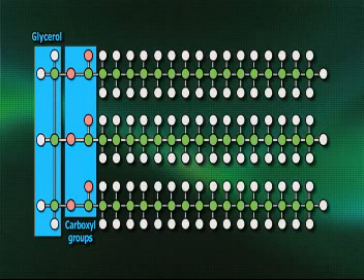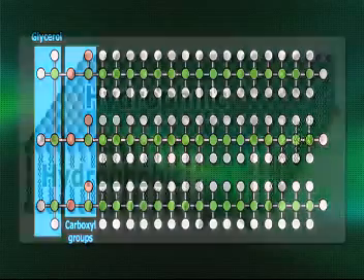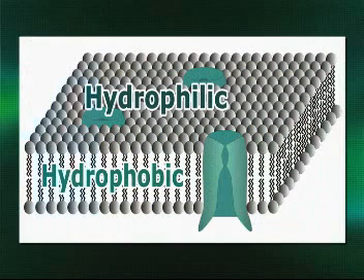Triglycerides are lipids that are formed from glycerol and 3 fatty acids. Phospholipids are formed from glycerol, 2 fatty acids, and a phosphate group. Waxes are formed from fatty acids and long-chain alcohols.